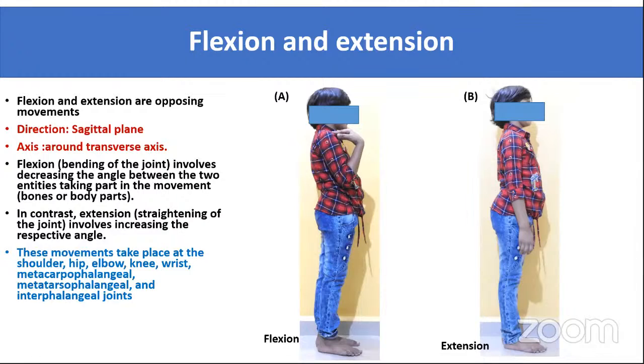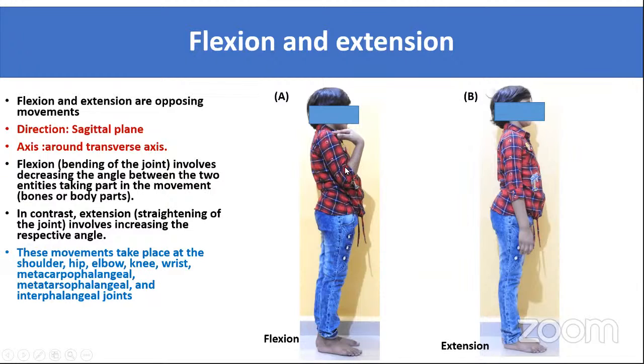So let's start. What do you mean by flexion? Flexion means bending of the joint. Here the photograph is of a girl, this is the elbow joint, and you can see the forearm and the upper arm have come close to each other.